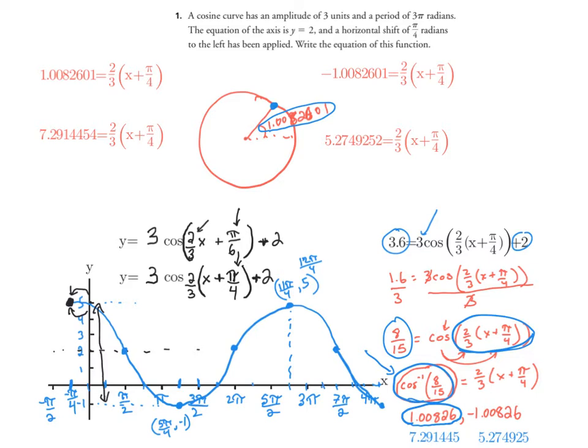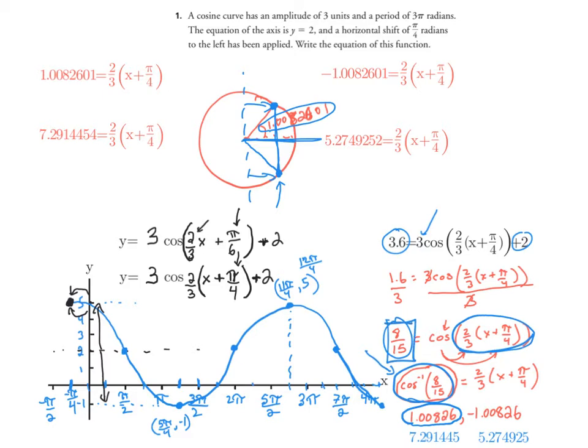But also we need to remember that there's another point that the calculator didn't necessarily tell us that's on the other side, below this point right here, that also gives us a cosine of 8/15, right?